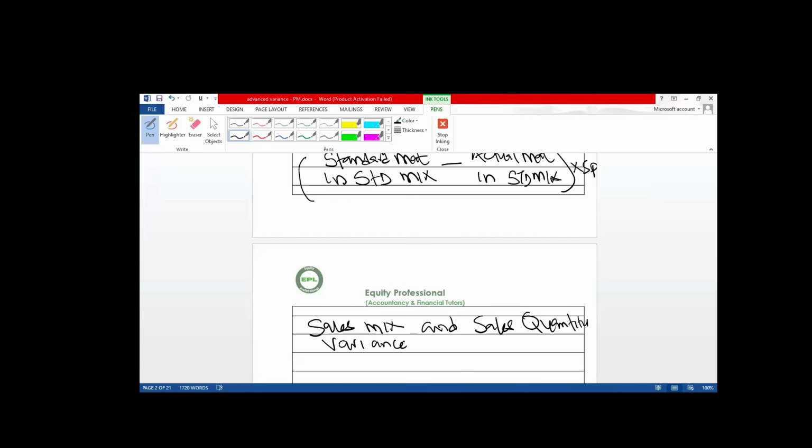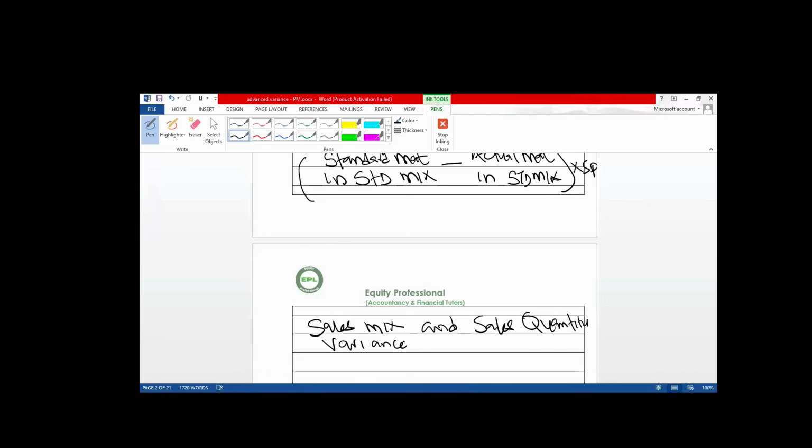Where a company produces and sells two or more products that are substitutable in the eyes of the consumer, it is possible to further subdivide sales volume variance into sales mix variance and sales quantity variance.